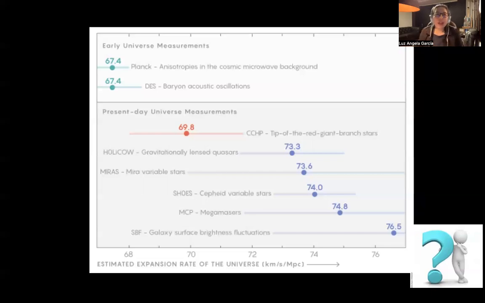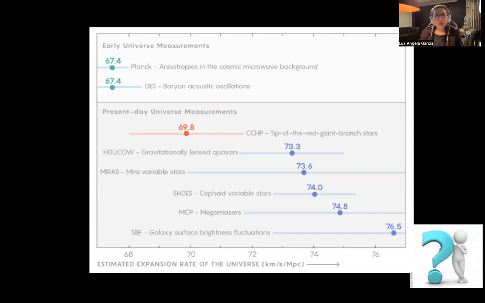The other issue that we're seeing at this point is that the different values of the Hubble parameter, the Hubble constant, vary according to the method that we're using to measure it.